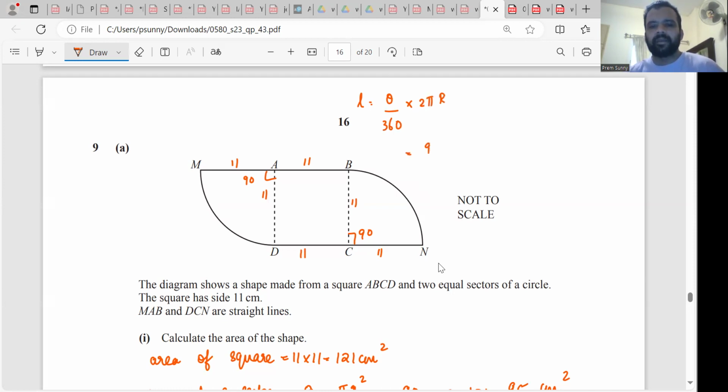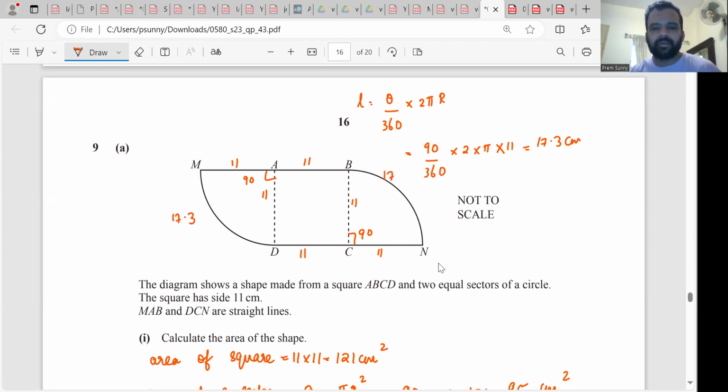Theta is again 90, 90 divided by 360 into 2 into pi into radius. Radius is not changing, radius is 11. So 90 into 2 into 11 is 22 into pi divided by 360 will give us 17.27. I'll take it as 17.3 centimeters.